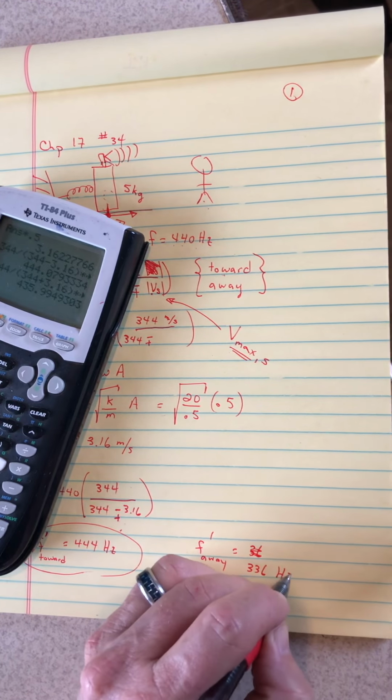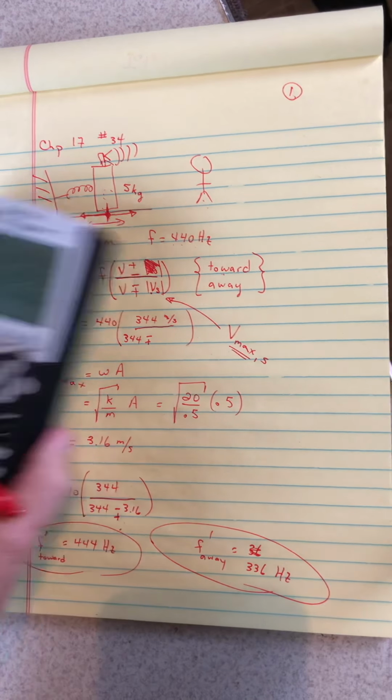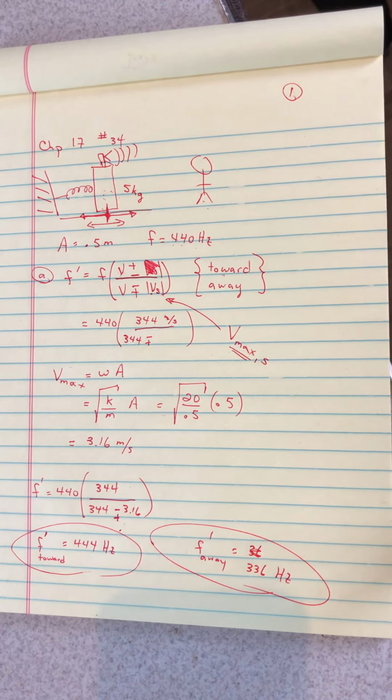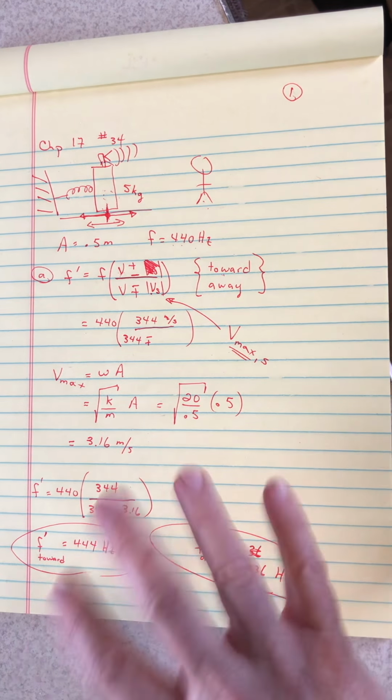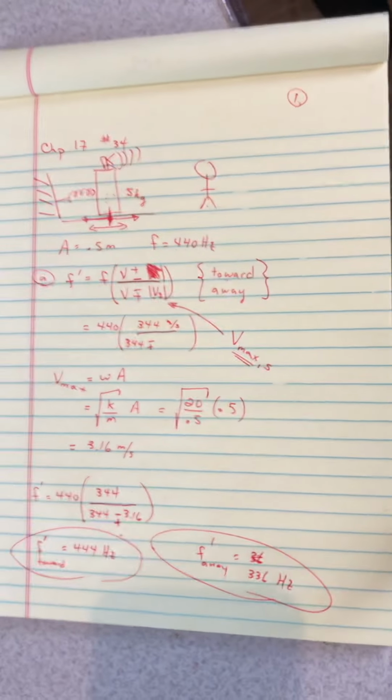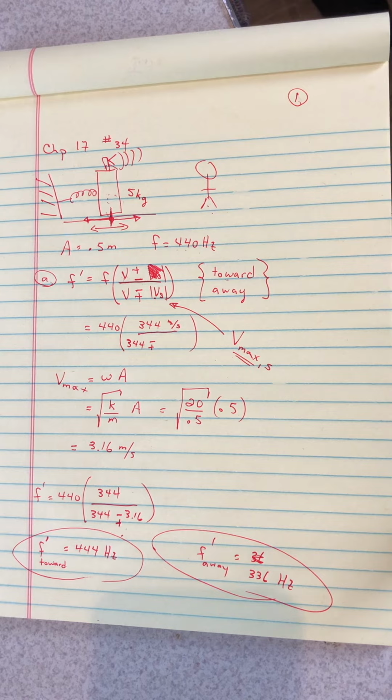So yeah, it went down by roughly 4. Again, not really a linear function, but it's such a small spread that even a curved function looks straight for a little ways. But that's the idea. That's the Doppler effect here. So hopefully that makes sense.